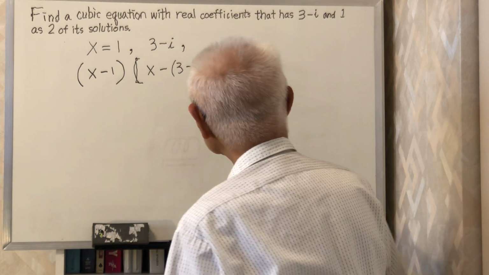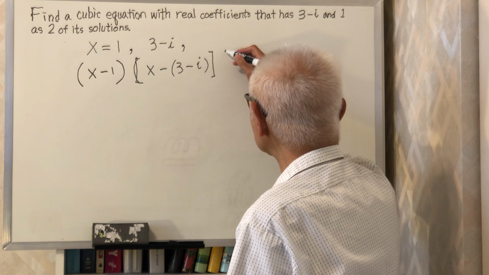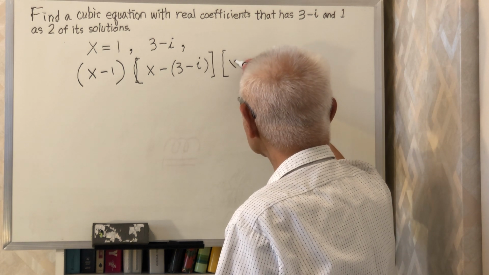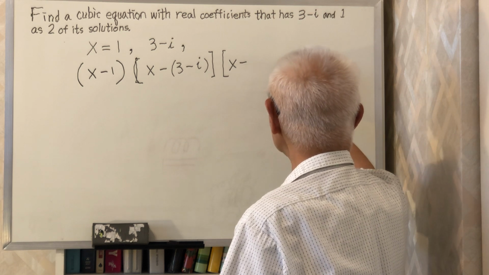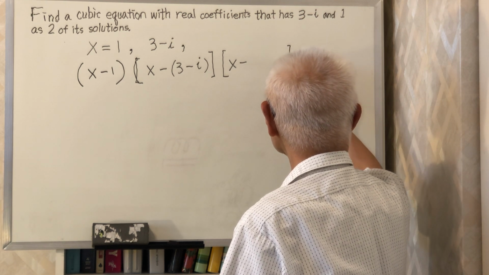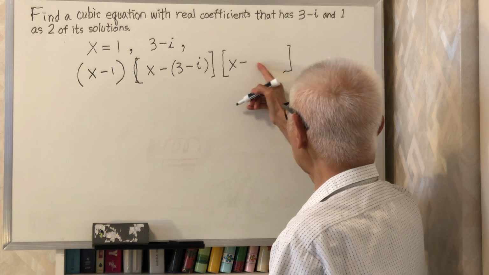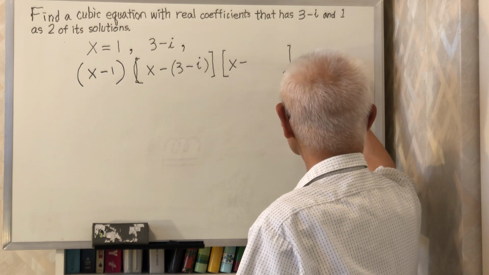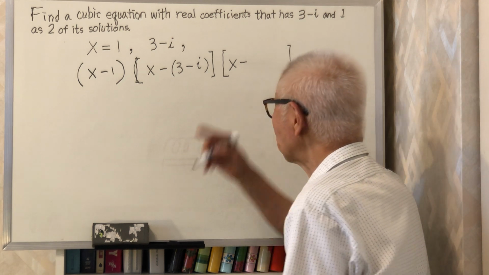And I don't know the third solution, so my third solution may be this: x minus something here. This must be my third solution, and this equation is equal to 0.